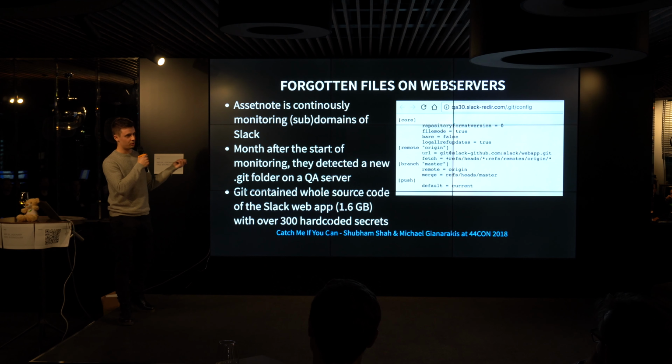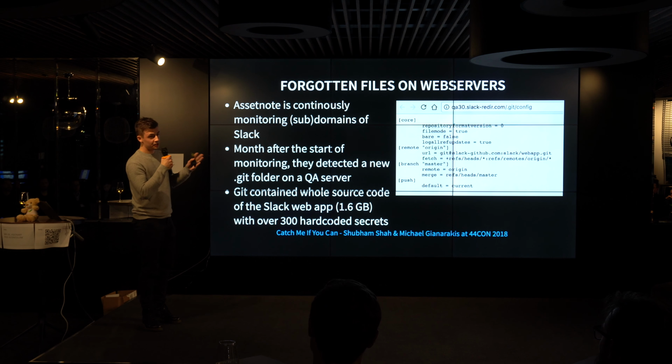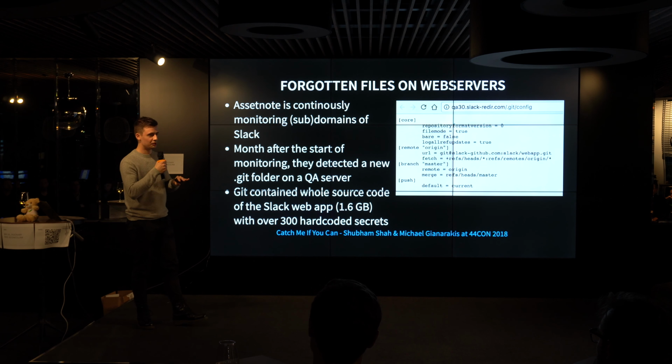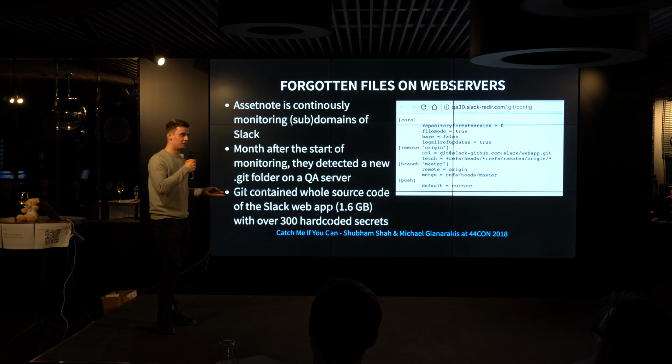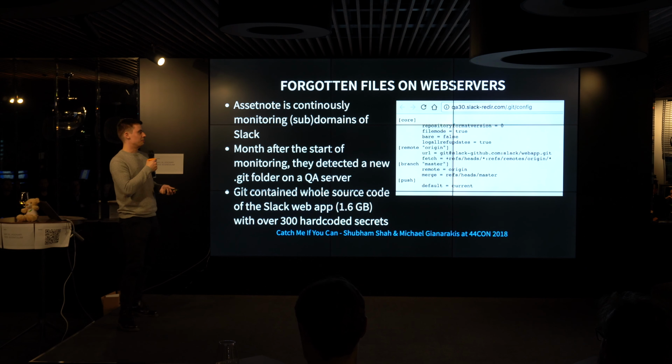So you should also scan for this ideally. In the end, it turned out to be a random DevOps guy going to the server, and he needed to debug something on the Slack web application, and he thought it was a good idea to clone the repo in the root of the web server, which it wasn't.